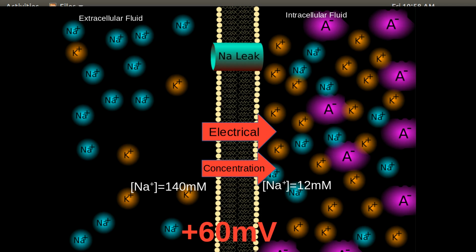And just like you were saying, Caleb, if we had equal numbers of channels, it would probably end up about halfway in between, around negative 10 or 20. But because we have so many more potassium leak channels, it's going to end up way over here, closer to negative 70 millivolts, as the rates of sodium and potassium equilibrate to each other.